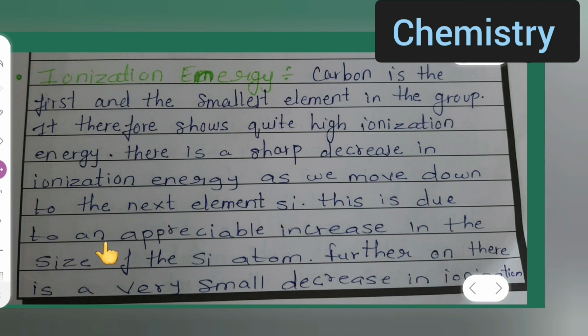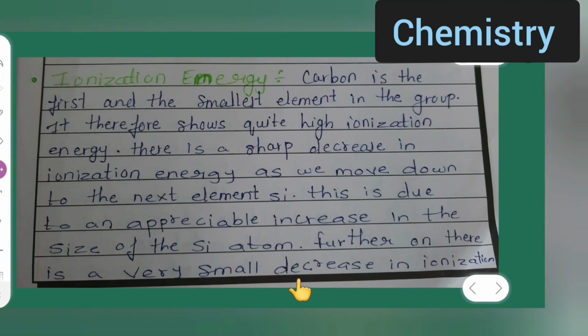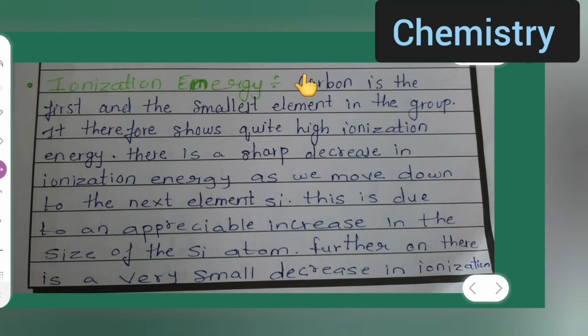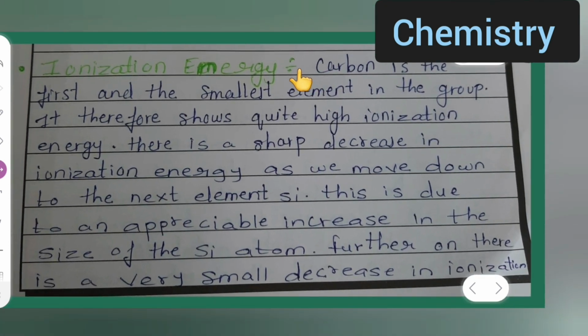This is due to the appreciable increase in the size of the silicon atom. Further on, there is a very small decrease in ionization energy. You all can take down this. I hope it is clear to you all. You all can see this clearly, right?